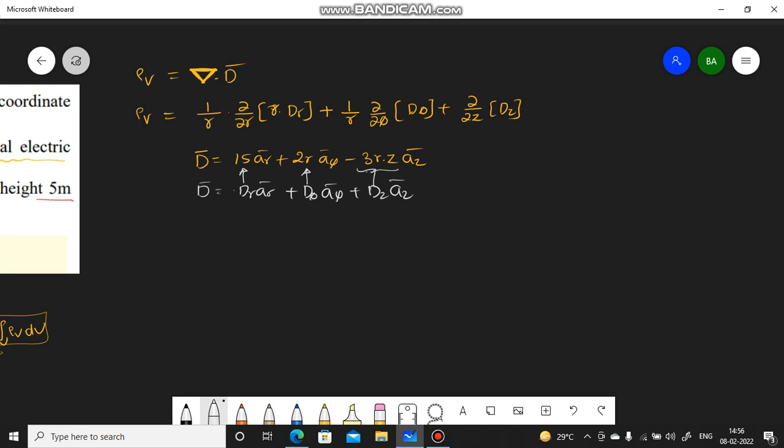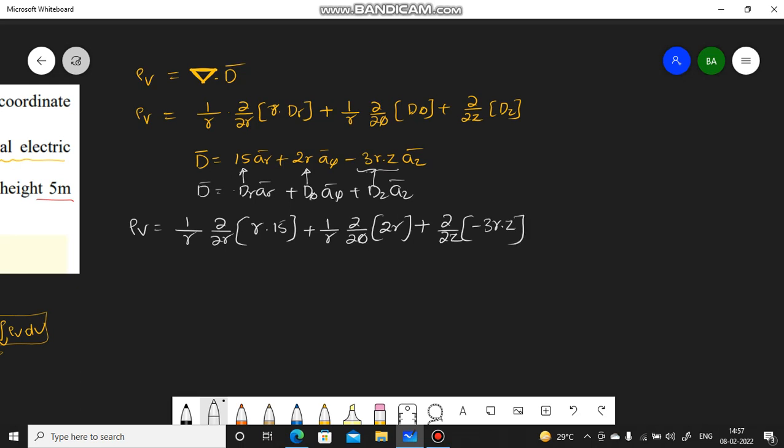So now substituting all the values in rho v, that is 1 by r dou by dou r of r into D_r, which is 15, plus 1 by r dou by dou phi of the phi component, that is 2r, plus dou by dou z of D_z, which is minus 3rz.